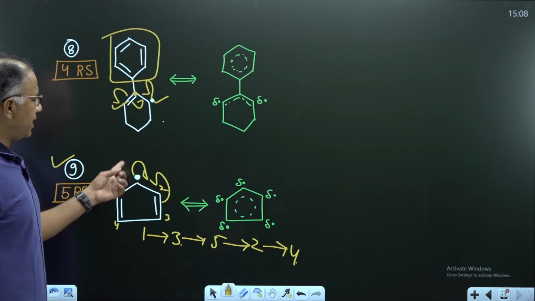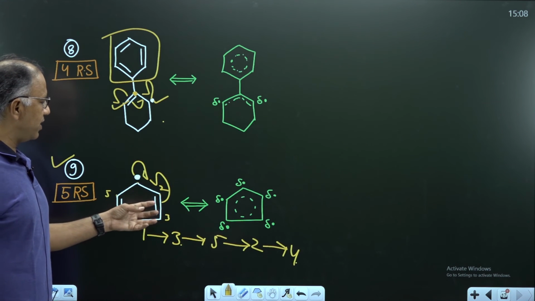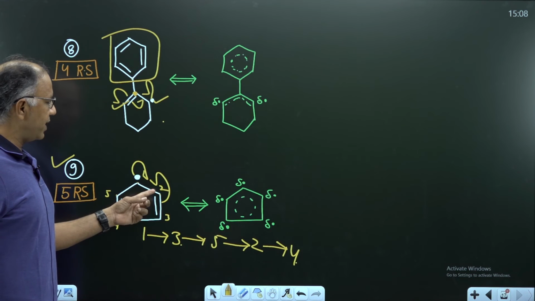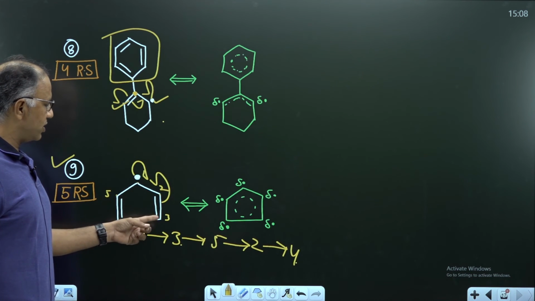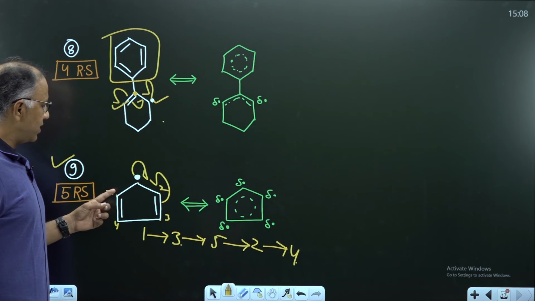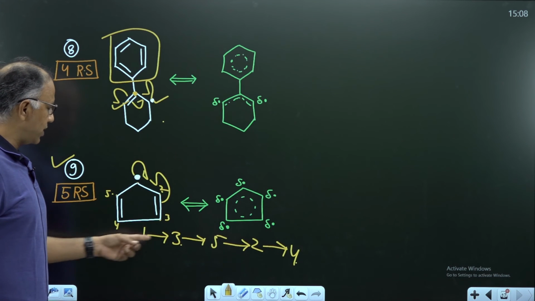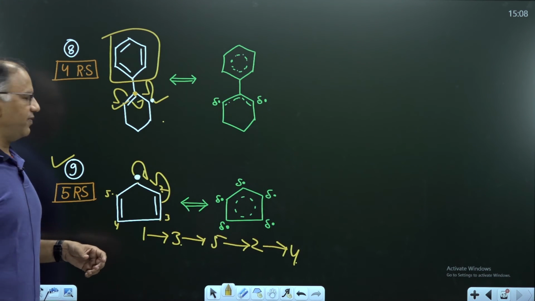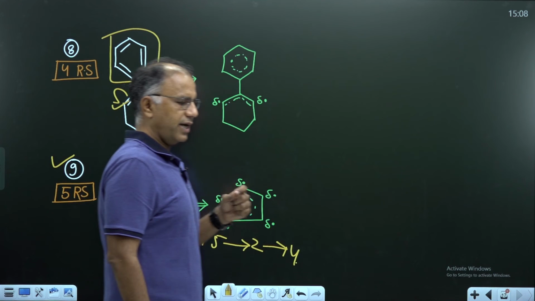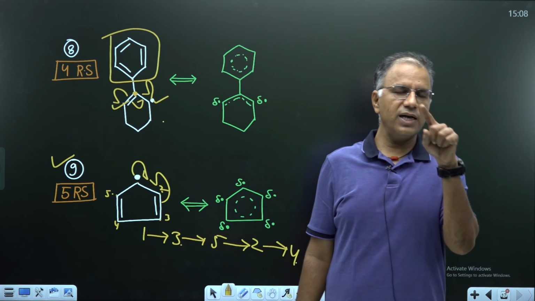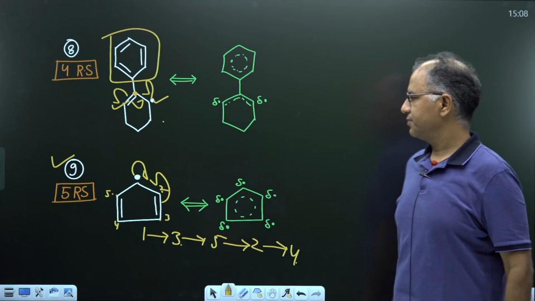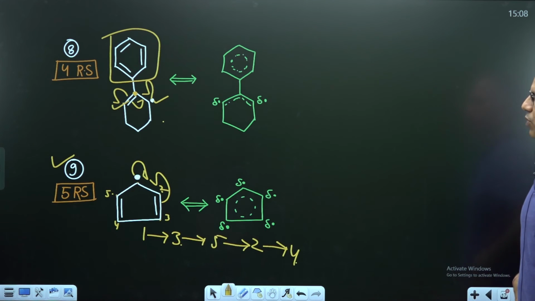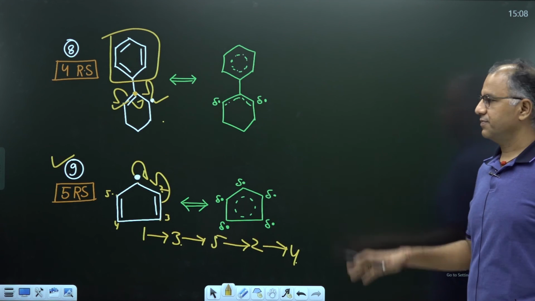Initially the radical directly moves to 3, away from its neighbor atom, then goes to 5, then again comes back to neighbor 2, and then goes to 4. In that way, there will be 5 RS, meaning the free radical is delocalized among 5 carbons. 'Shared' is not a proper word, it is better to say delocalized.